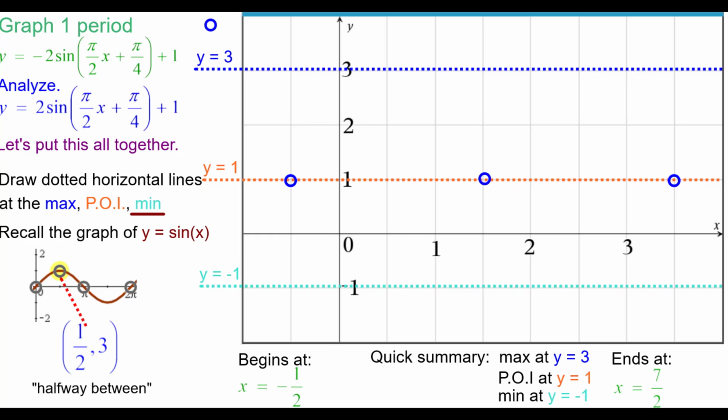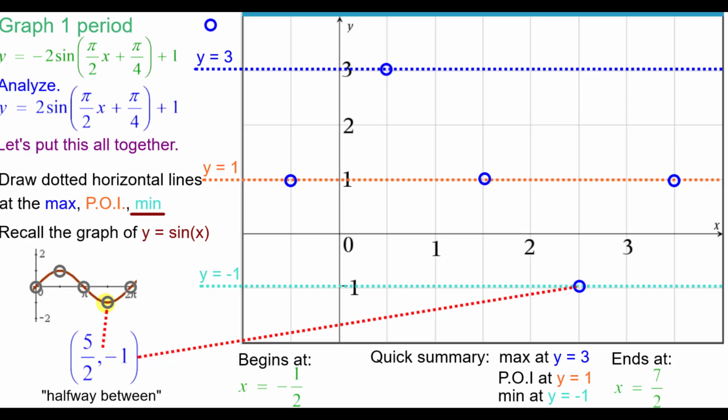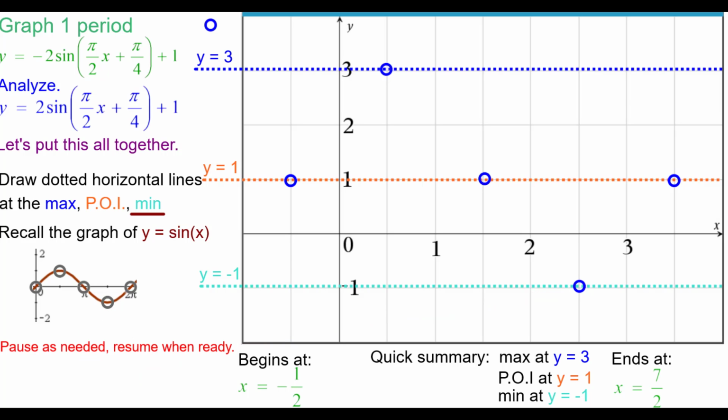And we can see that that's going to be at 1/2, comma 3. And finally, the last point, the minimum, is halfway between these 2 points of inflection, and we can see it's going to be right there at 2.5, comma negative 1. So let's plot it. Pause as needed.